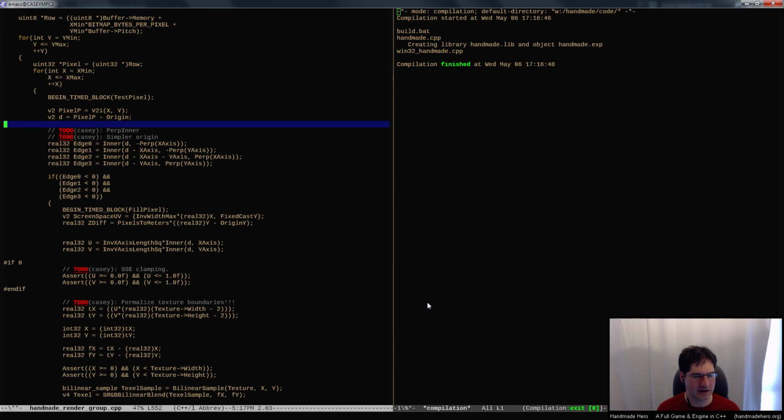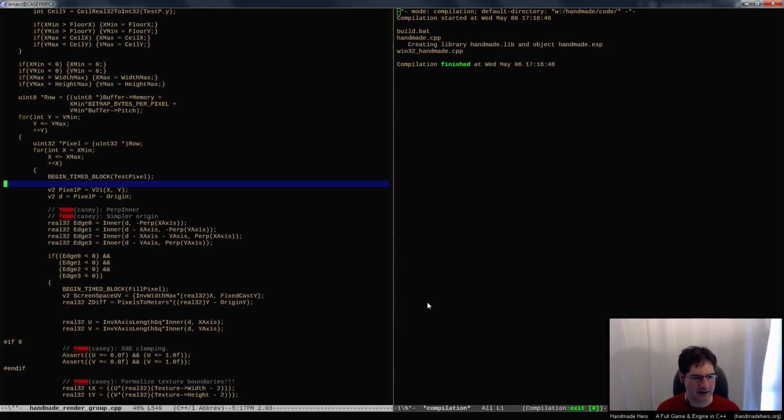But inside here, where we're doing our dot products and that sort of thing, I just want to make sure that this stuff looks relatively kosher. You can see in here already that there's some stuff that probably doesn't make a whole lot of sense, because x-axis minus y-axis and this negative perp y-axis all boil down to some pretty basic things happening in scalar form that we could optimize out.